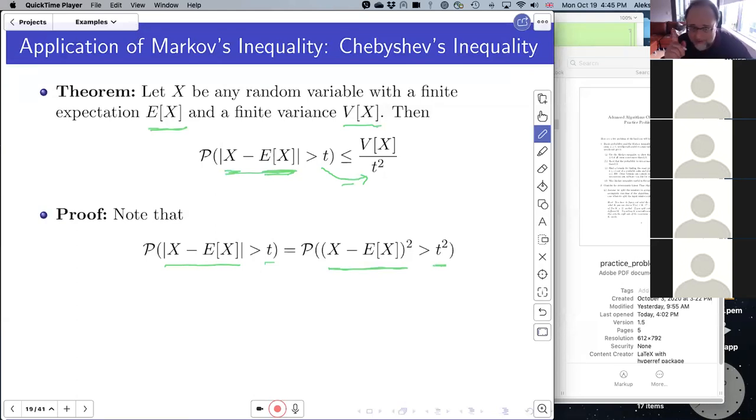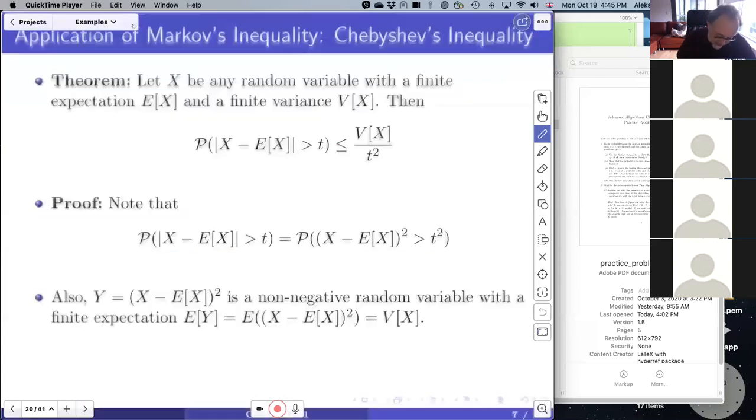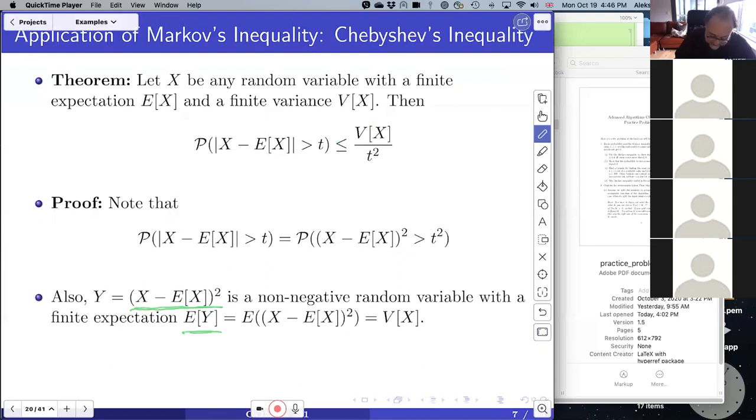So we can now apply the Markov inequality. So we set y equals x minus E of x squared. This is a non-negative random variable. And what is the expectation of y? Well, y is precisely the expression whose expectation is a variance, right? This is precisely the variance of the variable x.